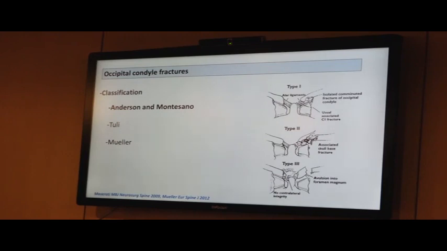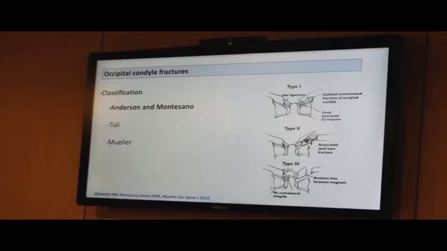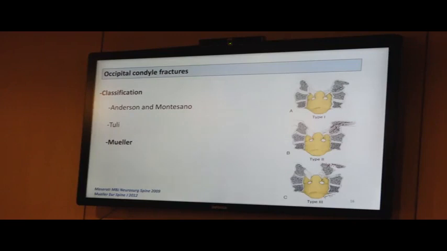It goes from type 1 to 3, and this classification has been more recently modified by the classification of Tuli.